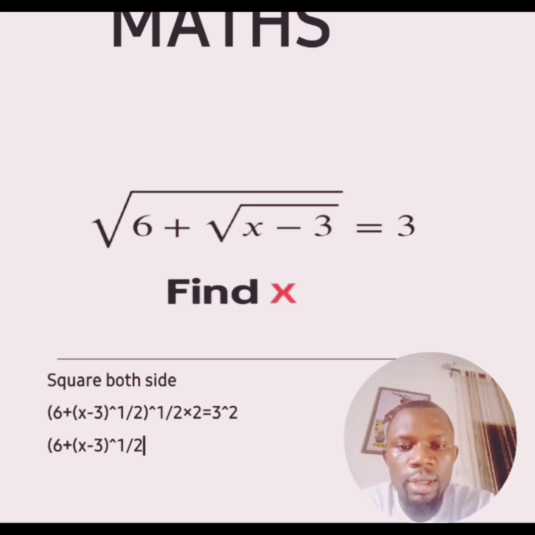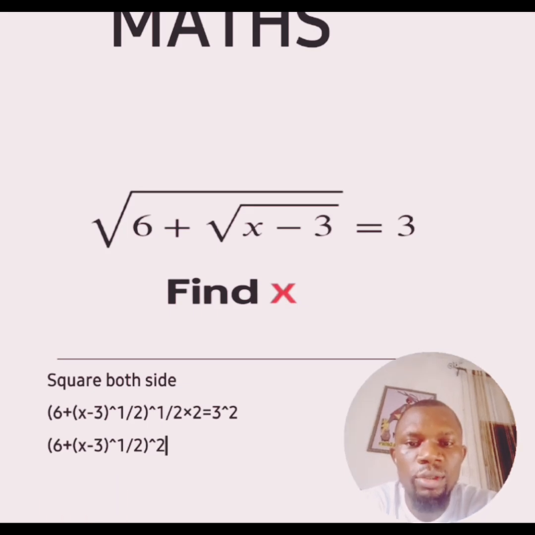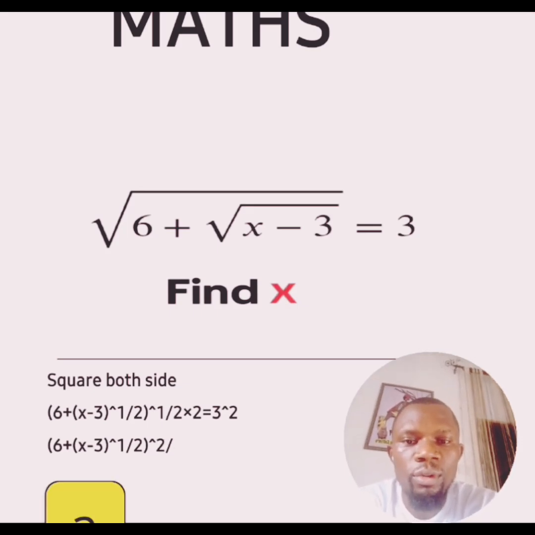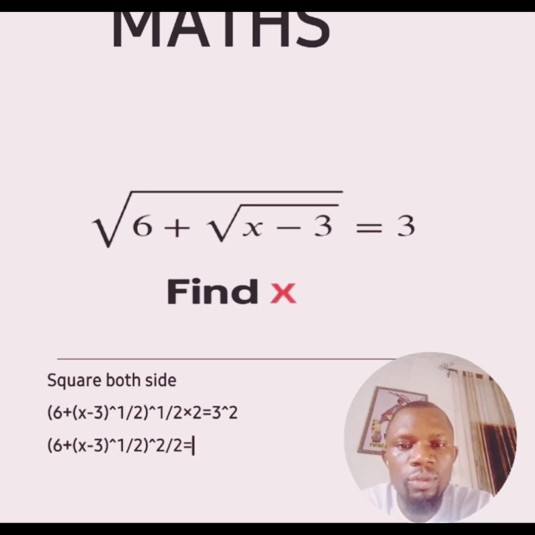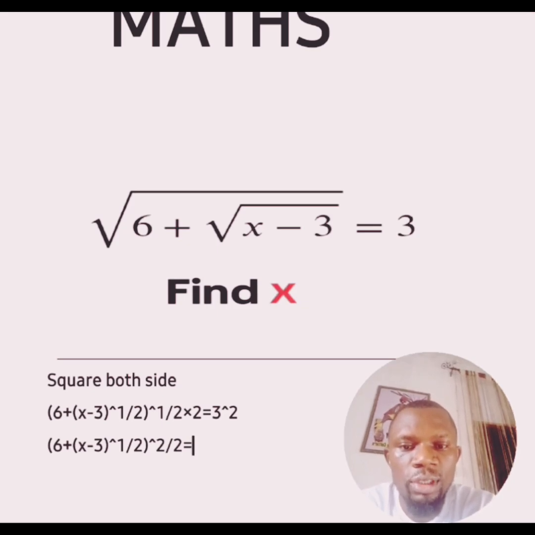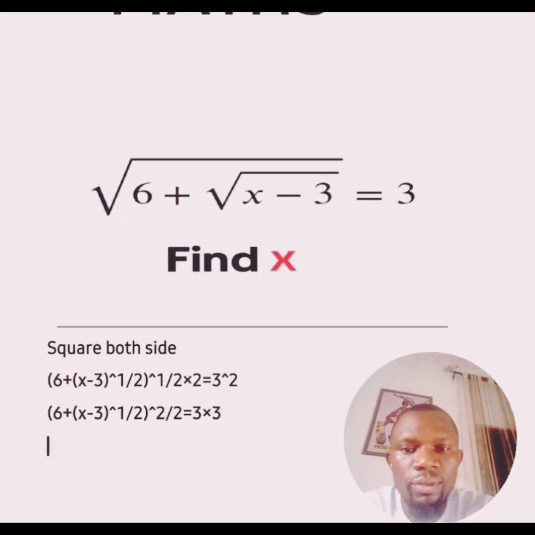I close my bracket, raised to the power of 1 times 2, because I have 1 divided by 2 times 2. So 1 times 2, I have my 2 divided by 2, is equal to 3 raised to the power of 2, which is 3 times 3.